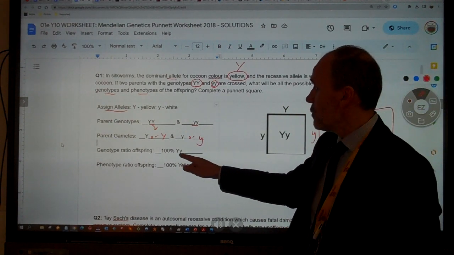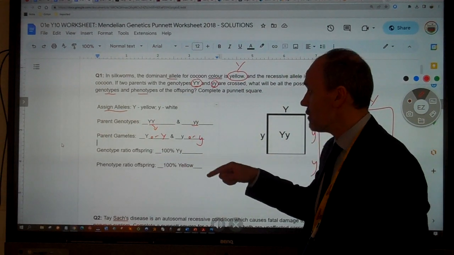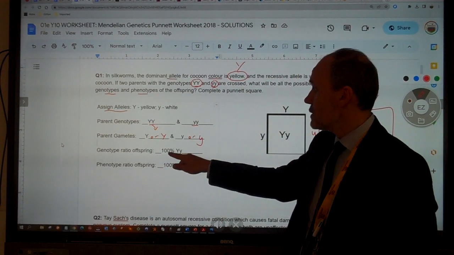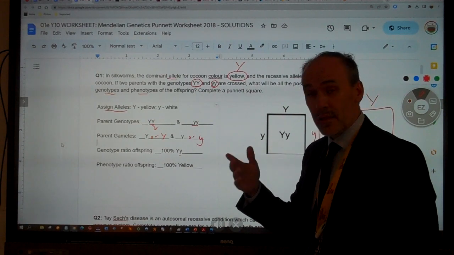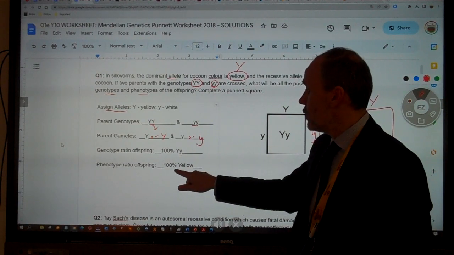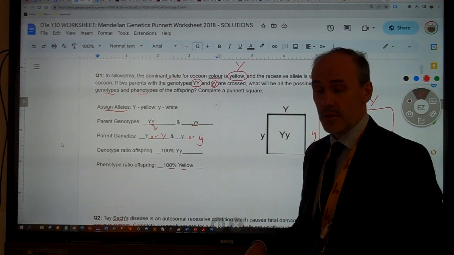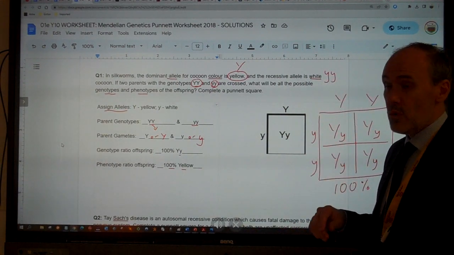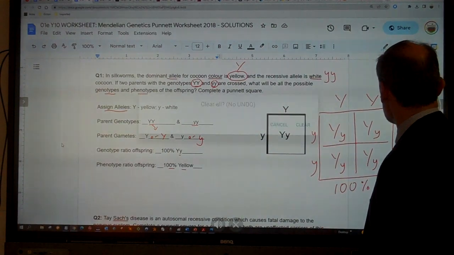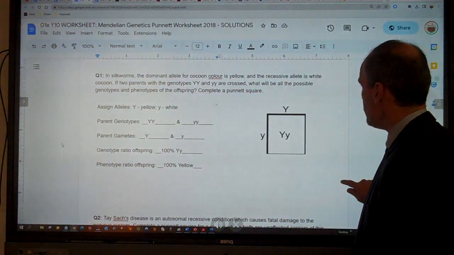So the genotypic ratio is 100% big Y, little y, and the colour that we would see of the cocoons, of course, is 100% yellow, because if there's even one big Y present, because it's dominant, it's going to be yellow.